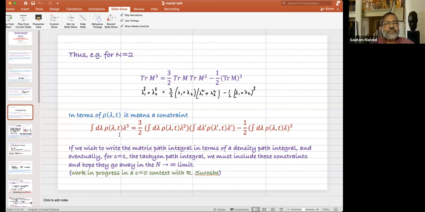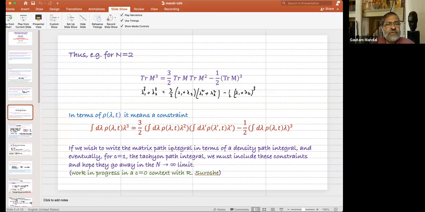And then the first moment is like this, and so on and so forth. So you can very easily translate this trace constraint in terms of the density variable. It's some kind of horrible nonlinear constraint which rho of lambda must satisfy at any given time t.